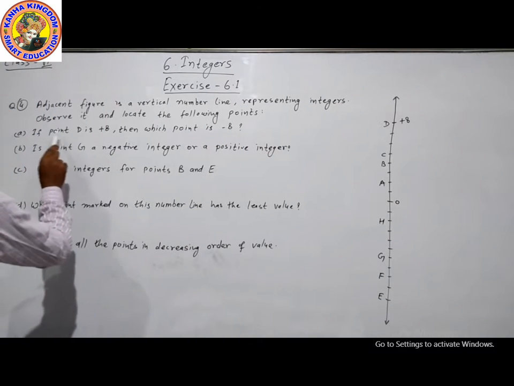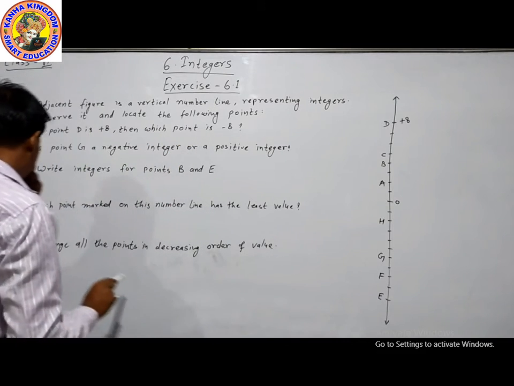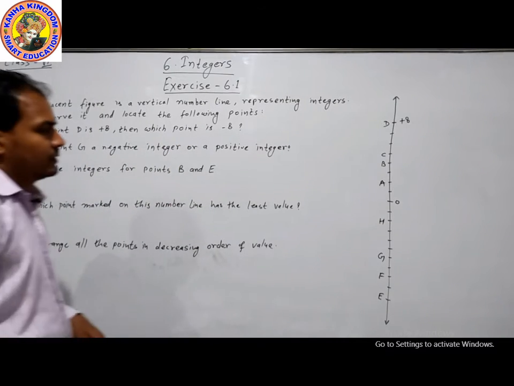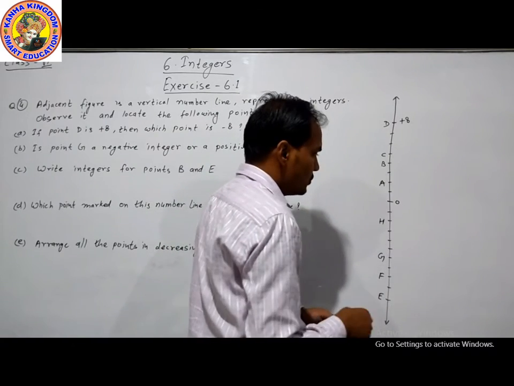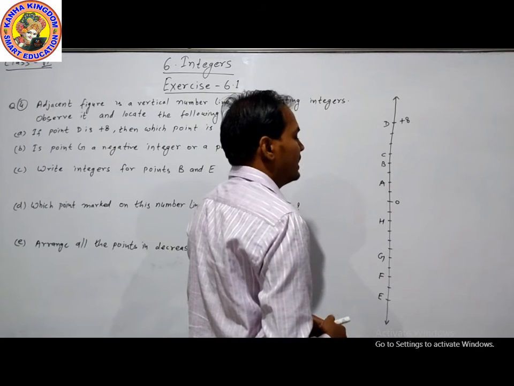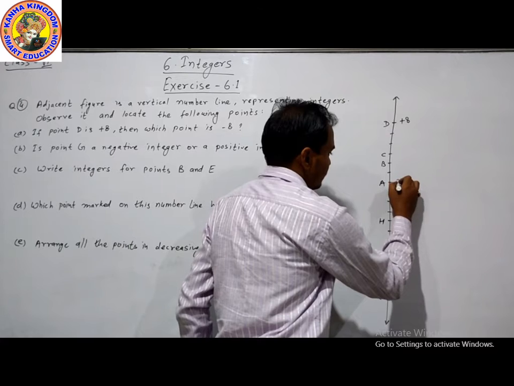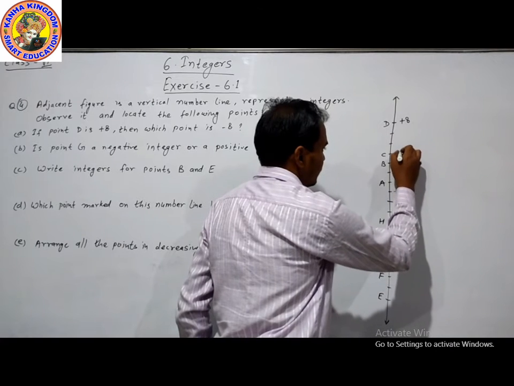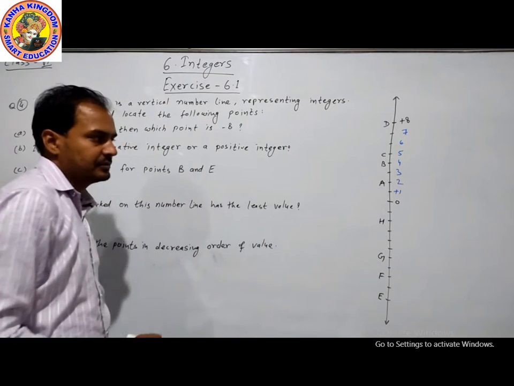First is, if point D is plus 8, then which point is minus 8? This is a figure. Here is 0 and this is plus 8. So we will locate plus 1, 2, 3, 4, 5, 6, 7 and plus 8.